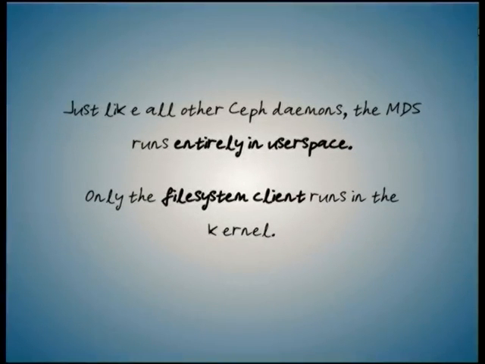It runs entirely in user space, the MDS that is, and only the file system client runs in the kernel. So we only have two components really in Ceph that run in kernel. One is the kernel RBD device, and one is the kernel Ceph file system.